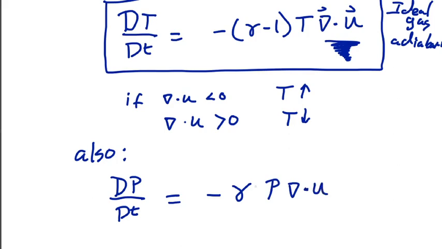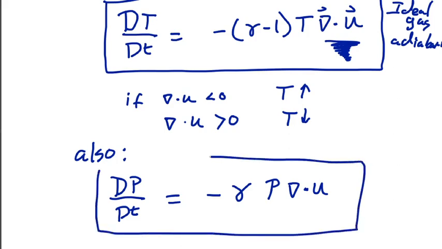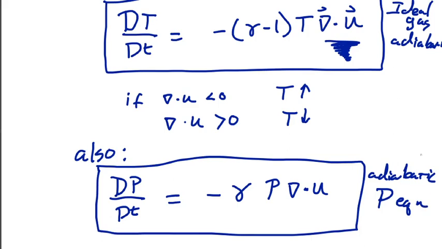And the difference between gamma minus 1 or gamma comes about from the density factor in the continuity equation in converting from temperature to pressure. This is an adiabatic pressure equation, and you'll often see this in some formulations of compressible fluid dynamics. But this is only true in the adiabatic limit.